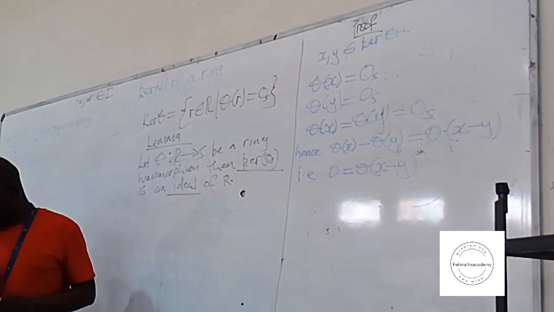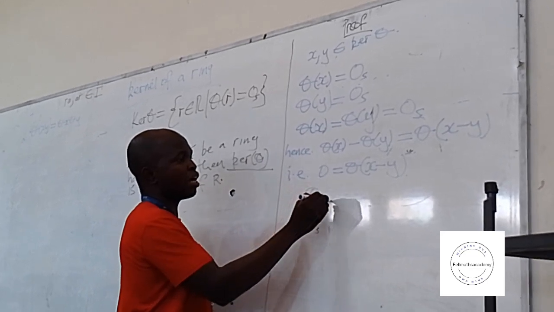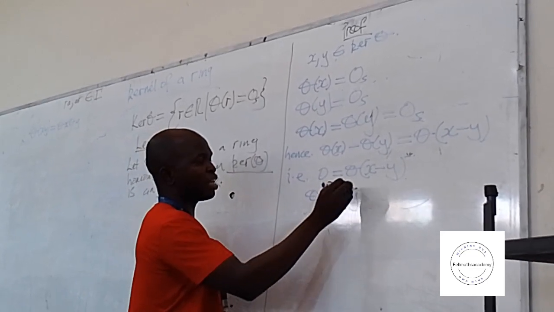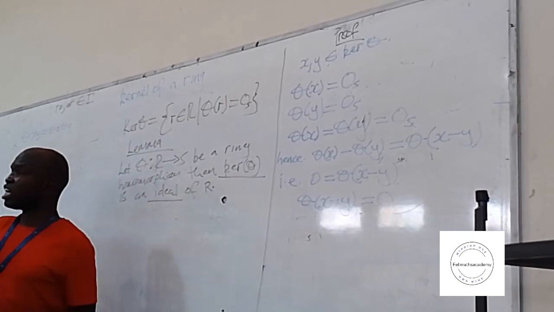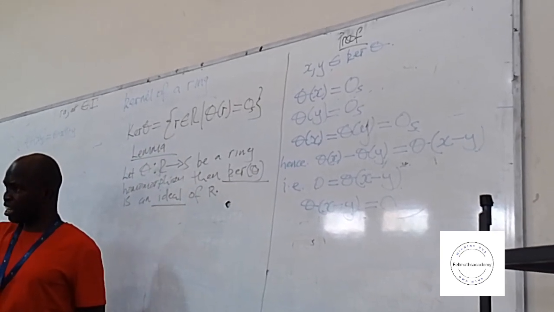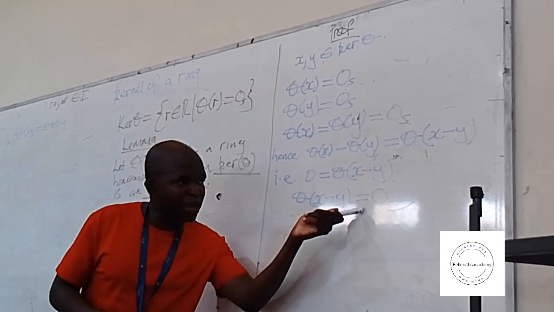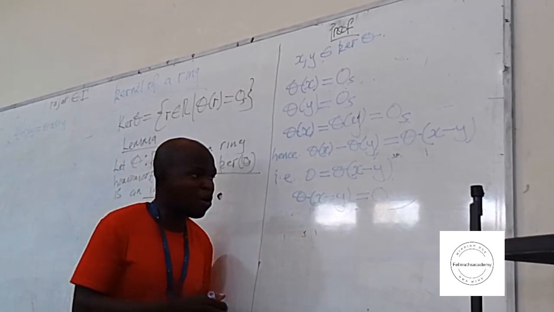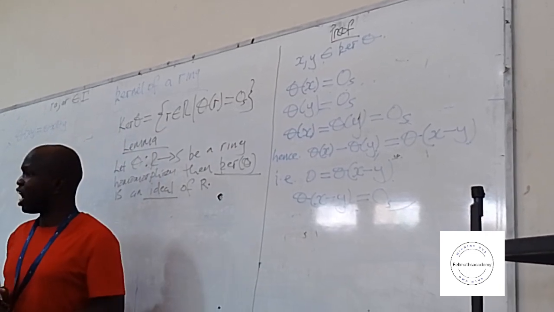And so theta of x minus y is equal to 0, which is an identity. Theta of x minus y is mapped to the identity of S. Remember those zeros are now 0_S.